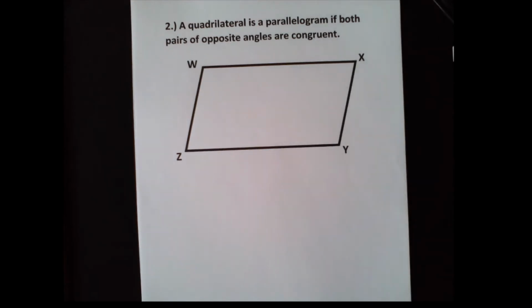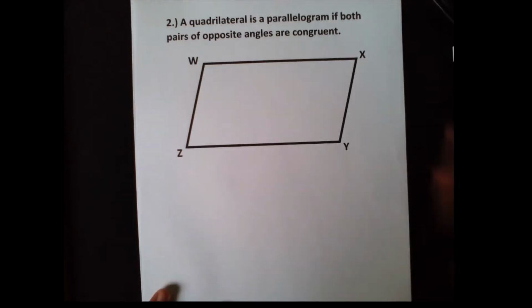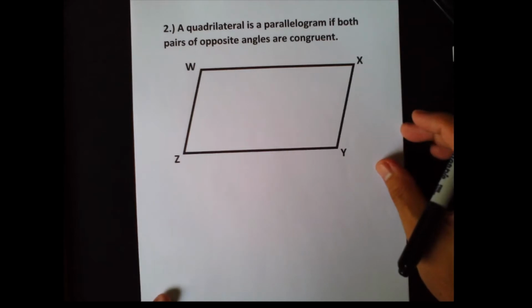Number two condition: a quadrilateral is a parallelogram if both pairs of opposite angles are congruent.